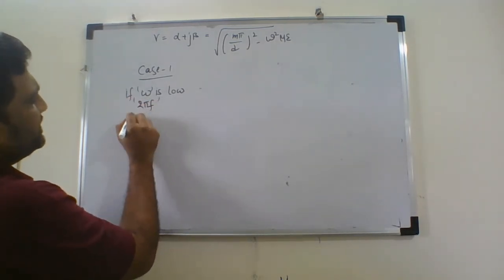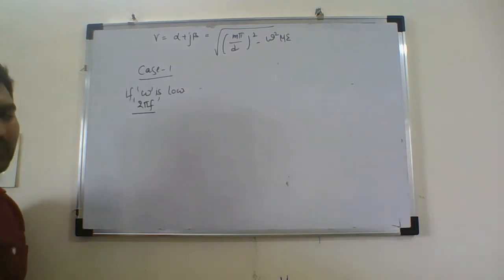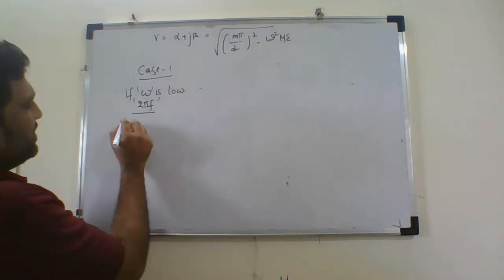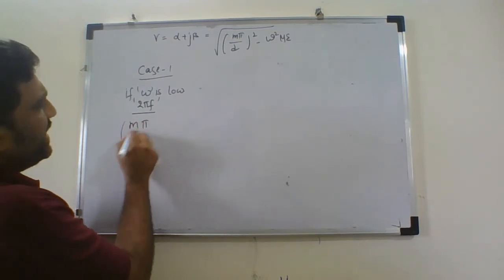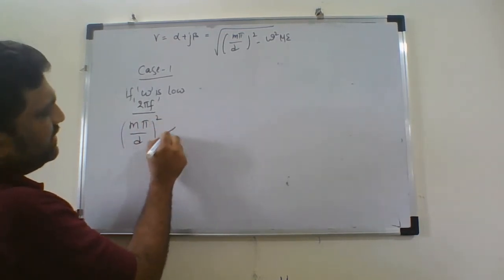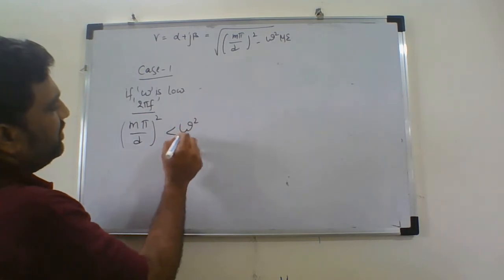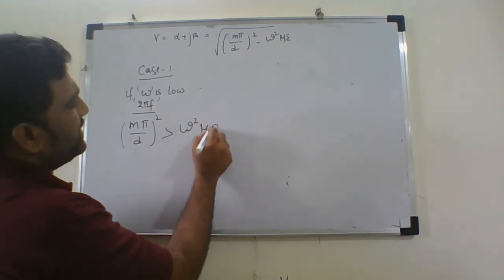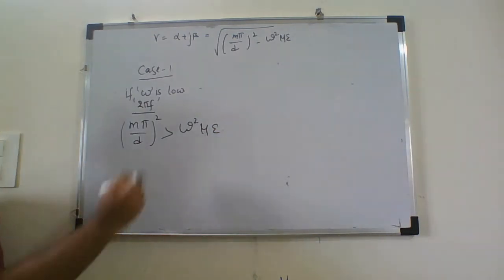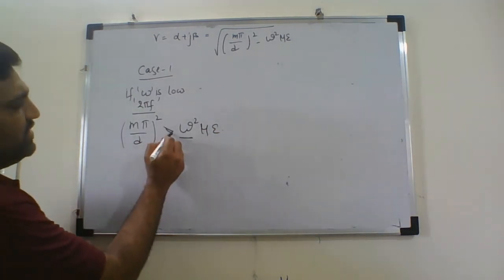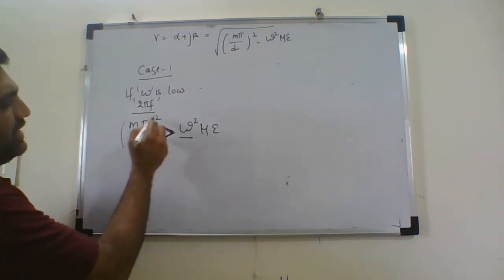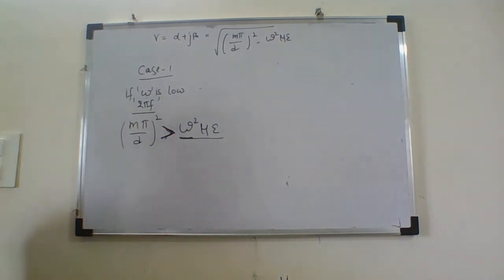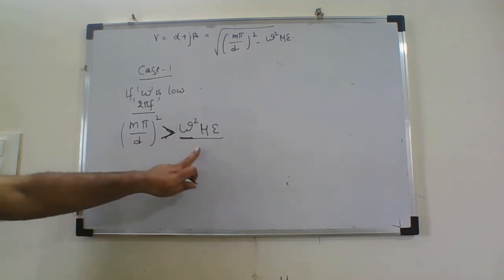So let us say that the signal frequency is low, in such a way that m pi by d whole square is greater than omega square mu epsilon. Because omega is a low value, we are assuming that m pi by d whole square is more than omega square mu epsilon.